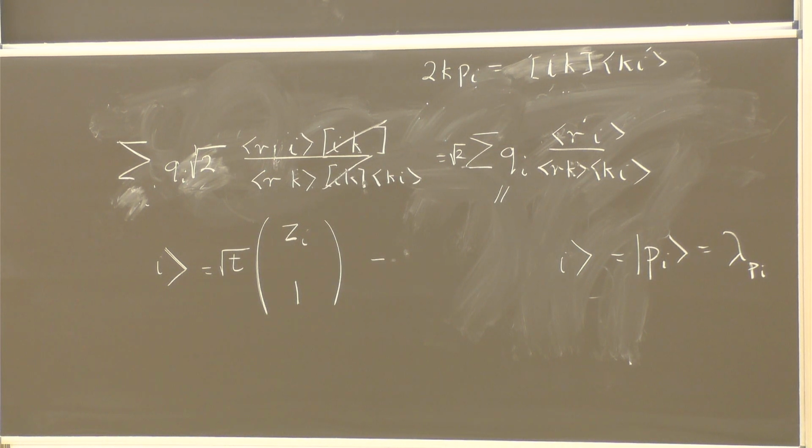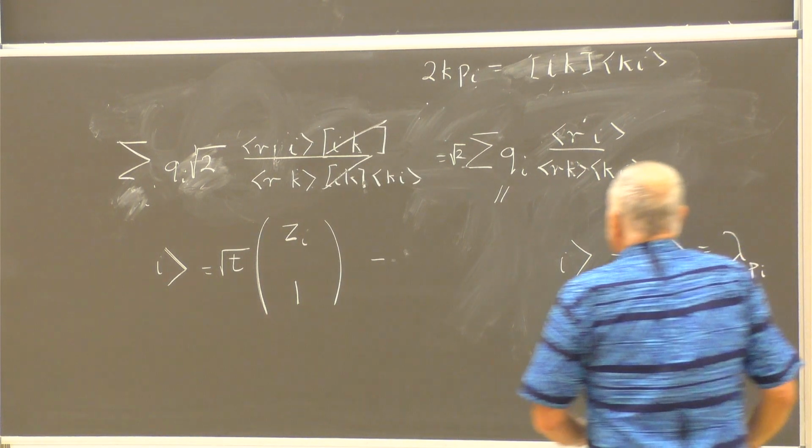To see that, I replace the polarization vector by the momentum. Then I get simply the sum of the charges, but from charge conservation they add up to 0. So you see explicitly that the soft factor is gauge invariant.